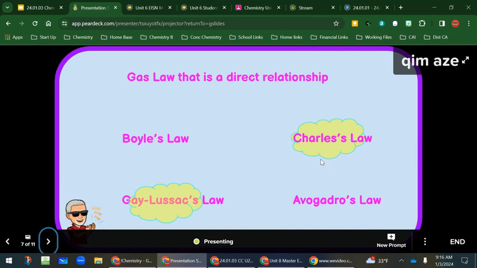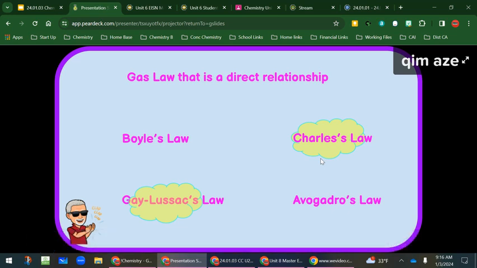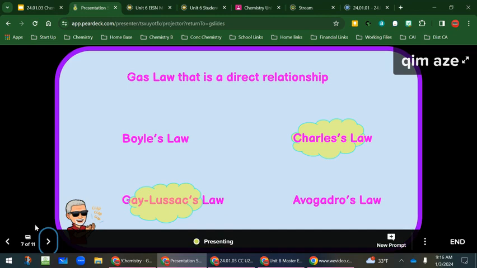All right, there you go. Charles and Gay-Lussac. Actually, we'll learn about Avogadro's today. It also is a direct relationship. So the only one that you couldn't have picked was Boyle's, ladies and gentlemen.